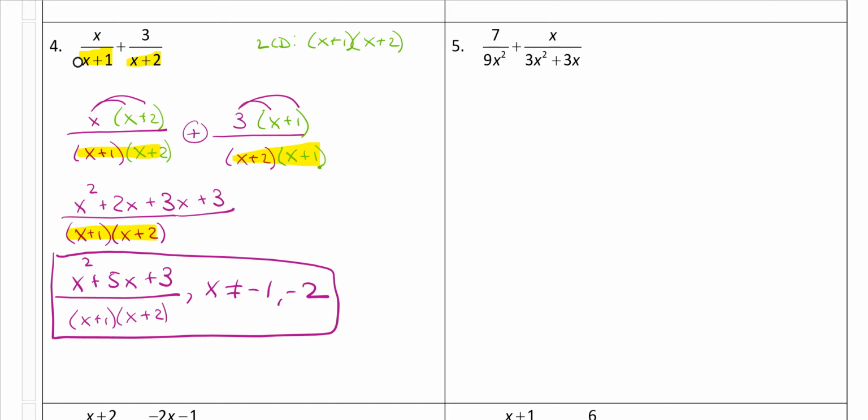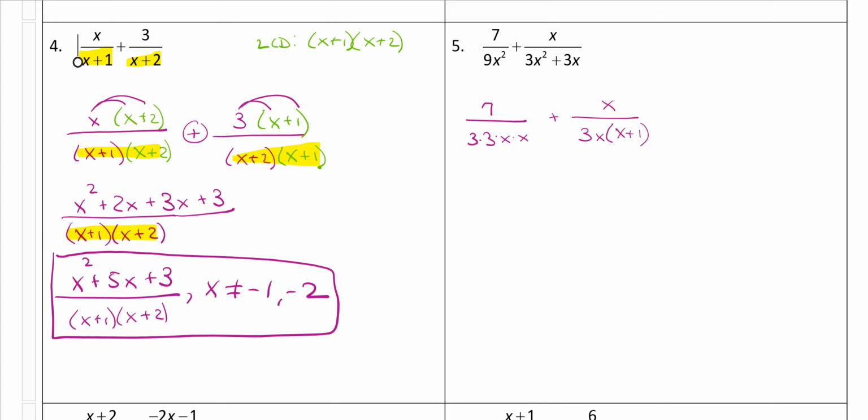All right, number 5. So number 5 is a little different in the fact that we're going to have to do some factoring. So if I was going to sit down and factor this, again thinking back through my LCD, this would be 7 over 9 is 3 times 3, and then x times x, plus x, let's see, that would be 3x that comes out, giving us x plus 1.